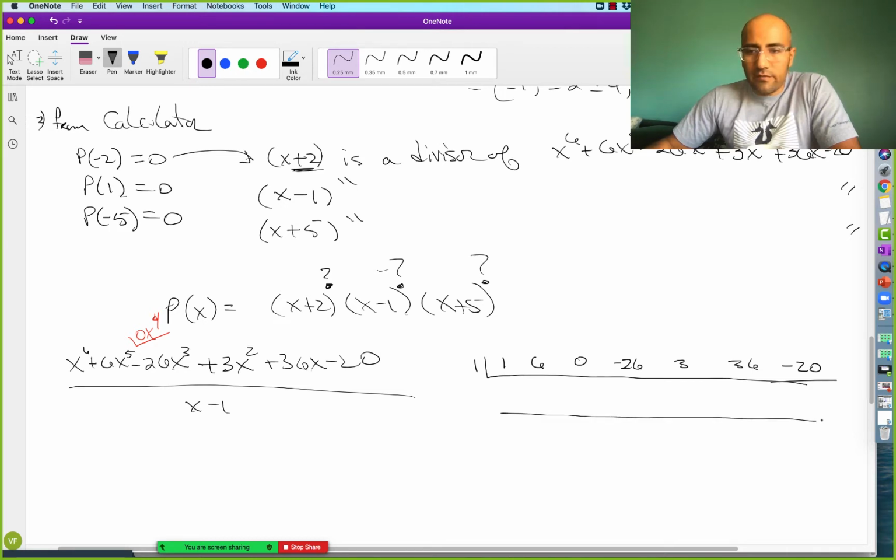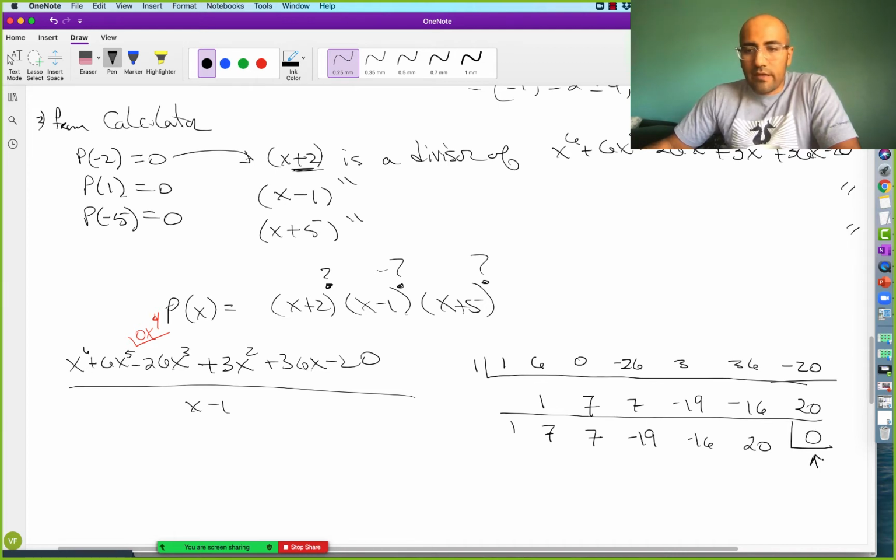Okay, synthetic division. Bring this guy down, we get a 1, multiply them together, we get a 1, add them together, we get a 7, multiply them, we get a 7, add them, we get a 7, multiply them, we get a 7, add them, we get a negative 19, multiply them, we get a negative 19, add them, we get a negative 16, multiply them, we get a negative 16, add them, we get a positive 20, multiply them, we get a positive 20, add them, we get a 0.